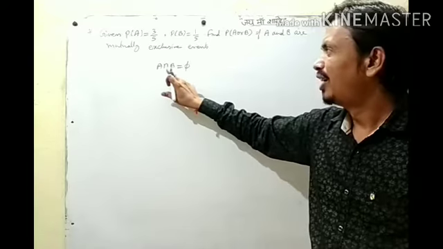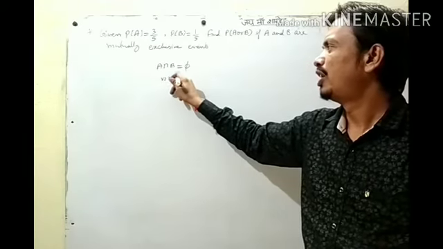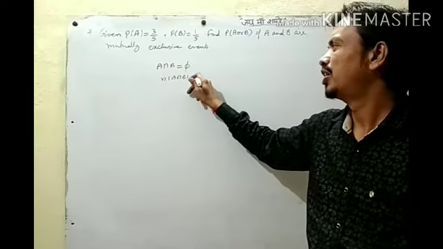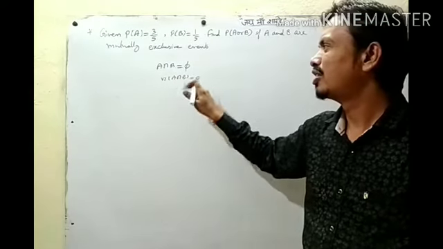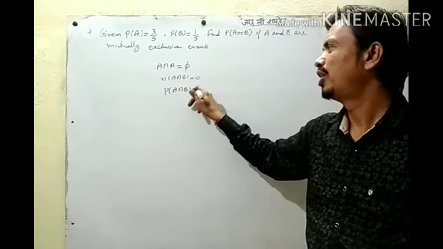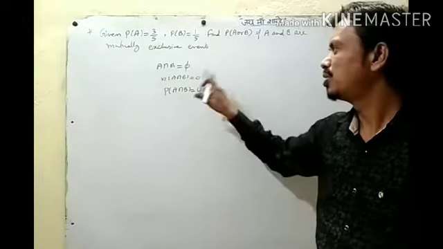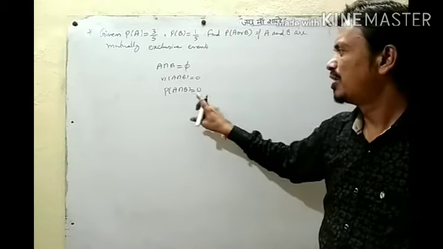So A intersection B is null set. It means number of elements in A and B will be 0, and if there is no element in A intersection B, it means probability of A and B will be 0 only. There is no sample point for this event, so this will be 0.